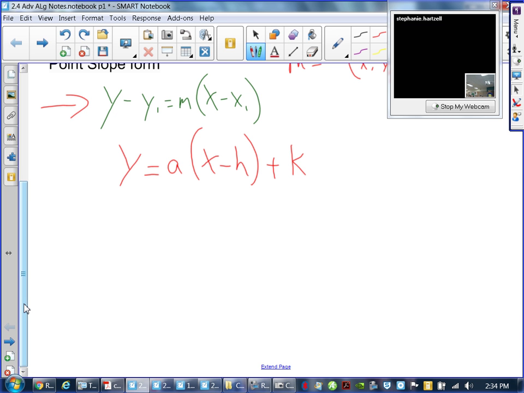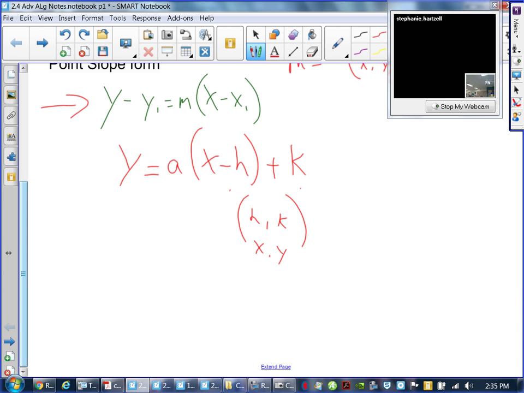Some horizontal, left and right, H, and some vertical, up and down, K. But A is kind of like an amplitude. It's linear in this case, which means that's kind of like its slope. What happens here is that you're going to see these H and K values. H and K is nothing more than an X and a Y value. We use H and K for shifting functions a lot.